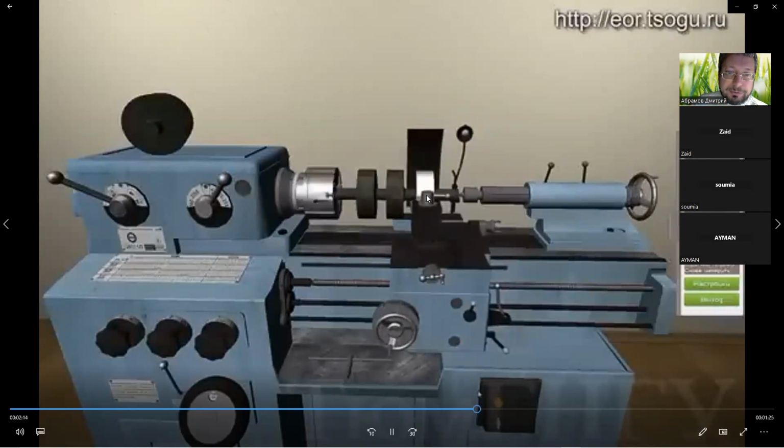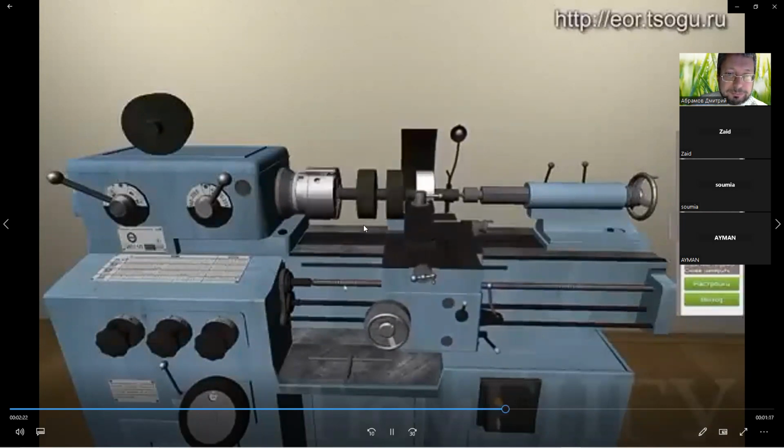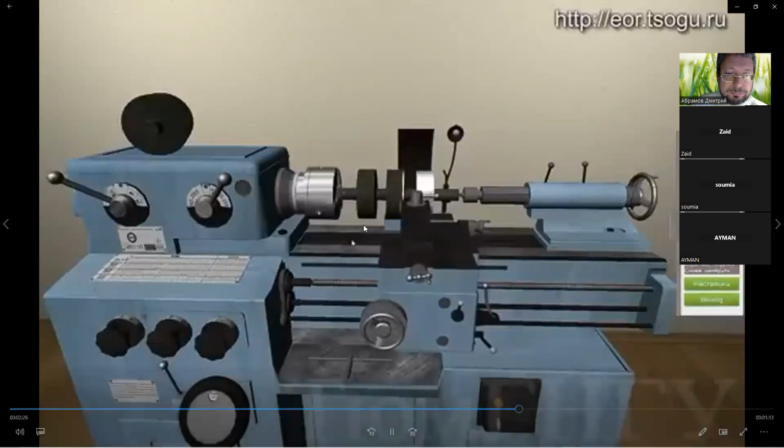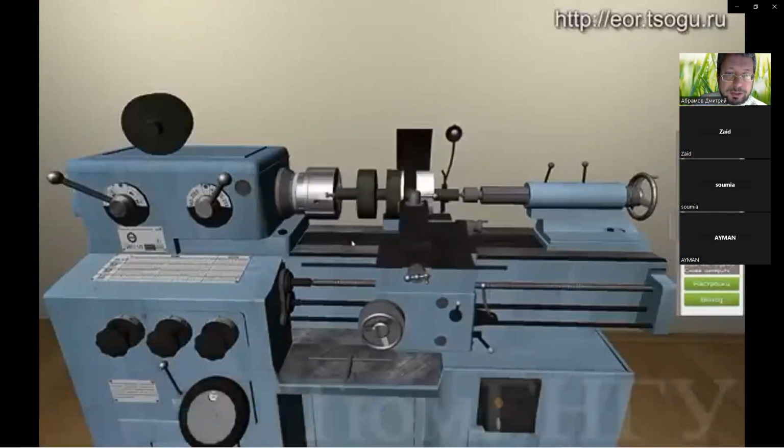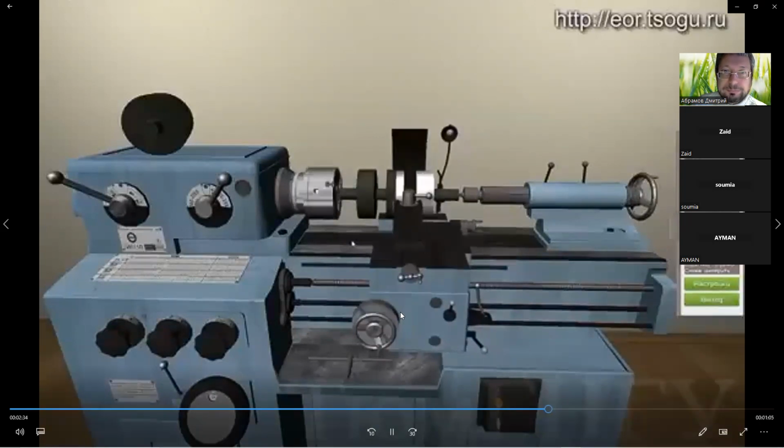It was the third ring. It's the medium ring or second ring, and it's the first ring. Then we should measure the diameter of these rings.